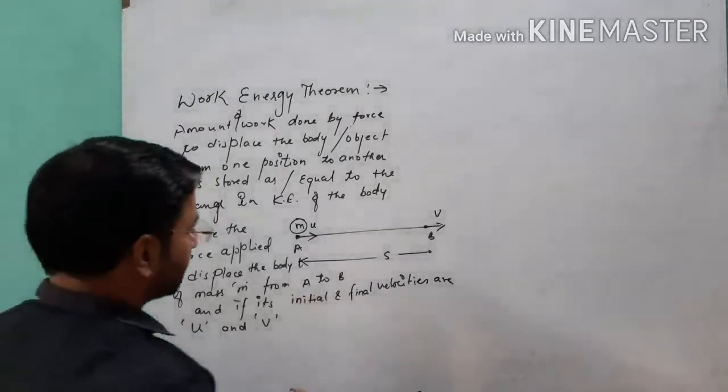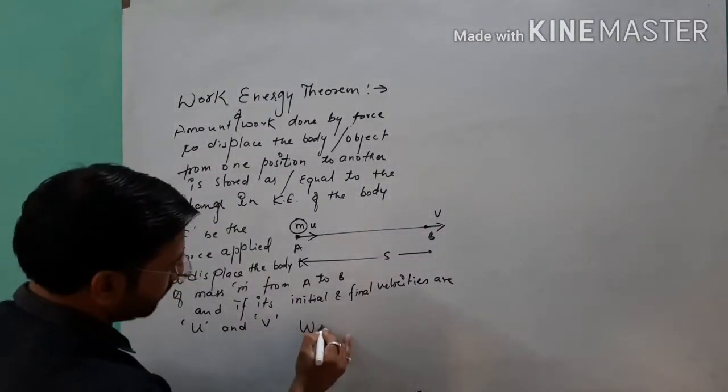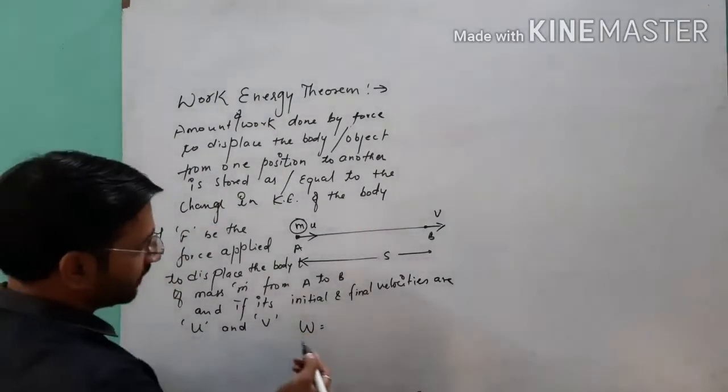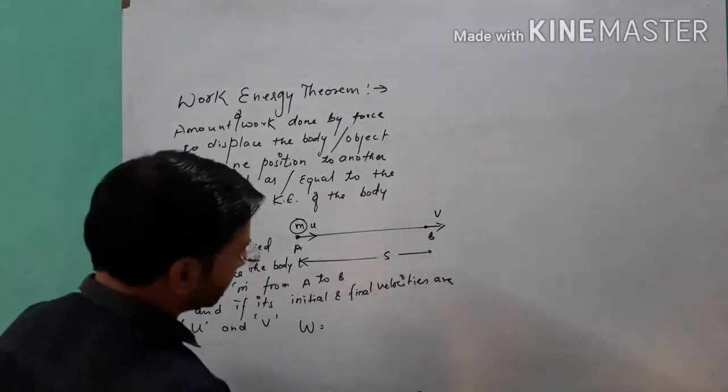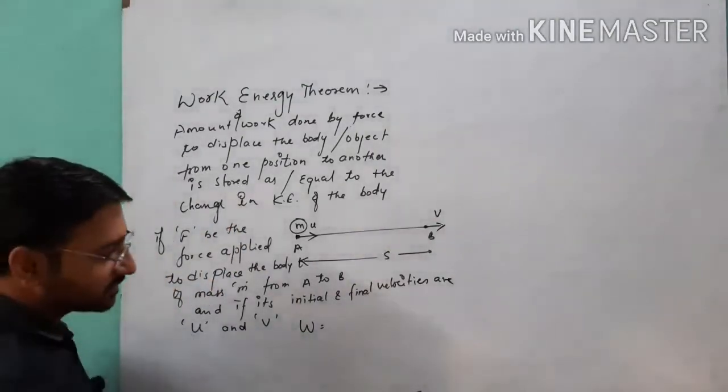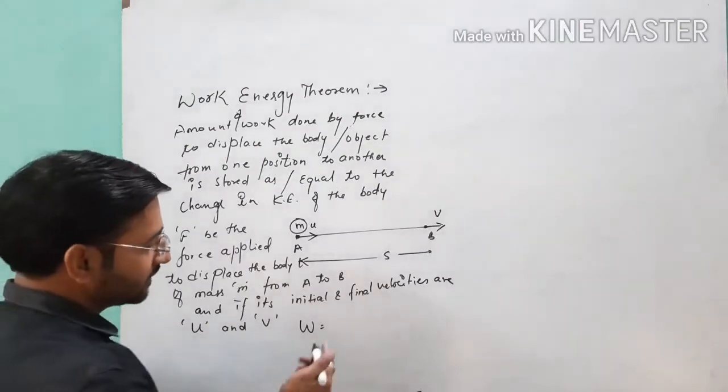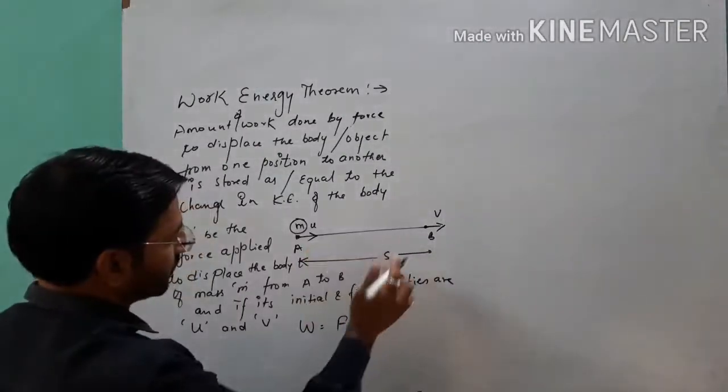Then the amount of work done will be W. If we think about the work done for an elementary distance, otherwise we can write the total amount of work done.